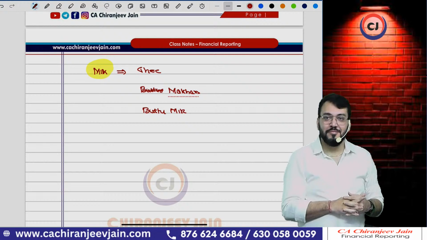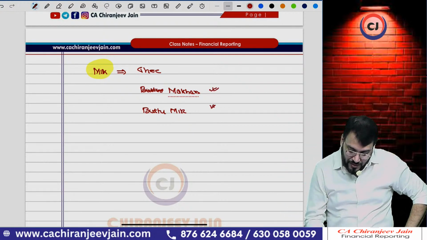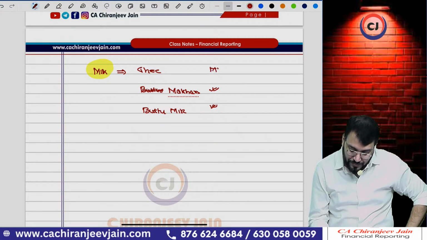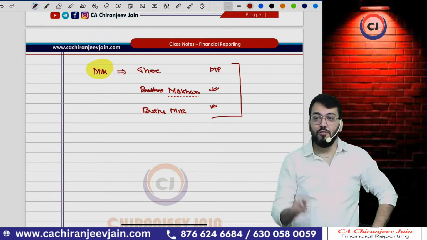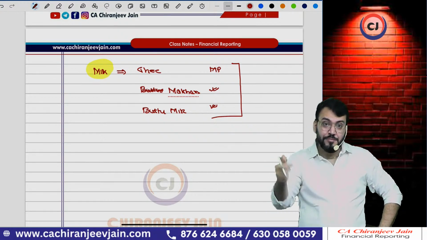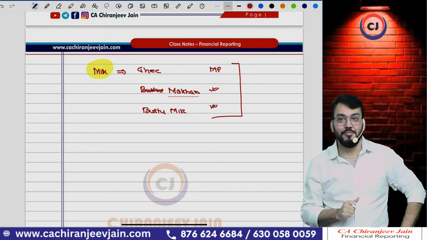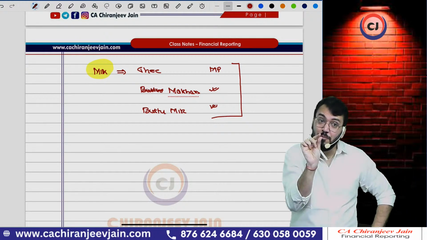Means you are saying these two are byproducts and this is the main product, but all are sellable in the market. You know, Amul buttermilk, Amul ghee, Amul butter, all are sellable in the market. Means there is an end customer for all the goods.